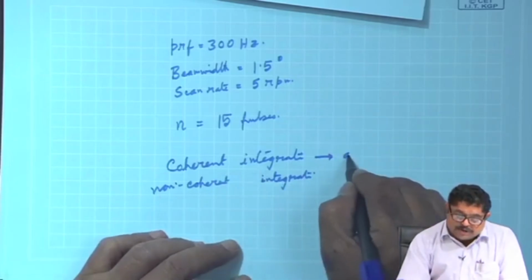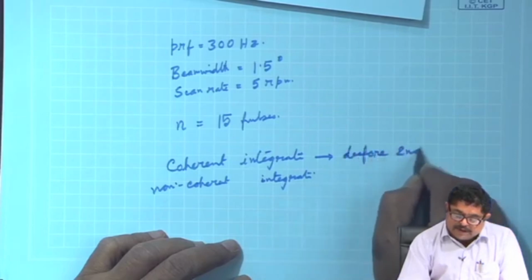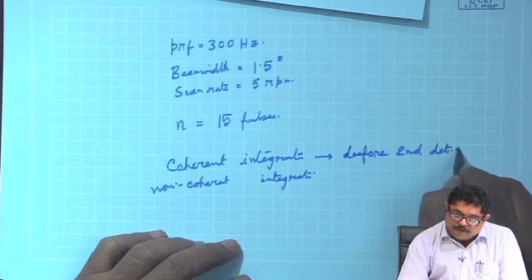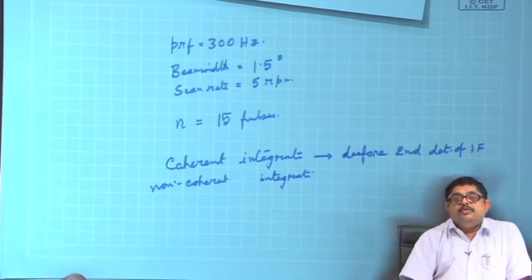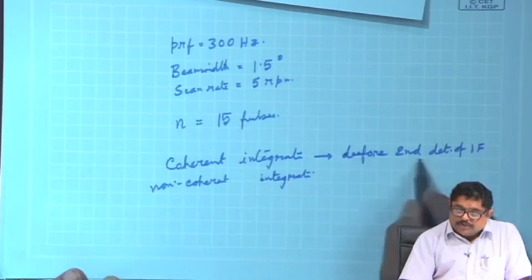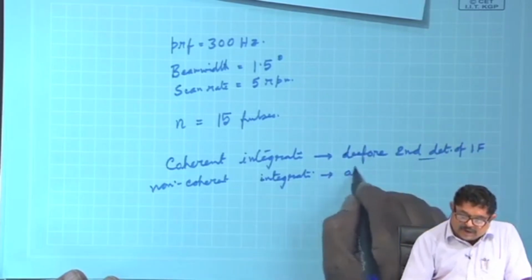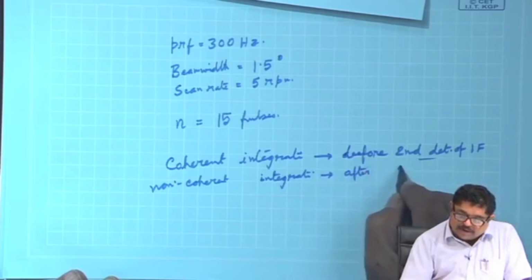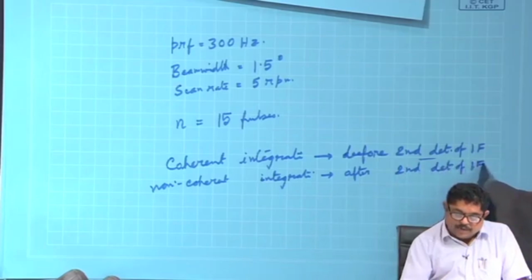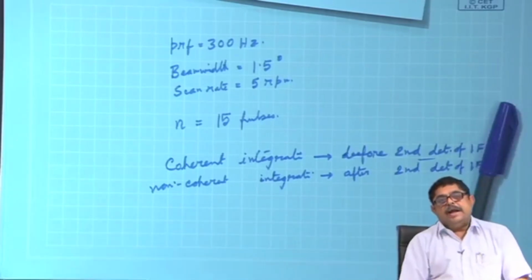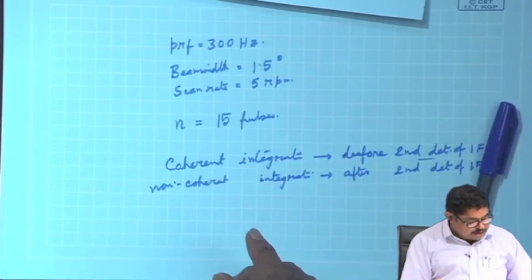So, write this: before the second detector of the IF. Generally, non-coherent integration is done after the second detector, anywhere you can make it, but that will add some loss, because non-coherent integration adds some loss of signal.